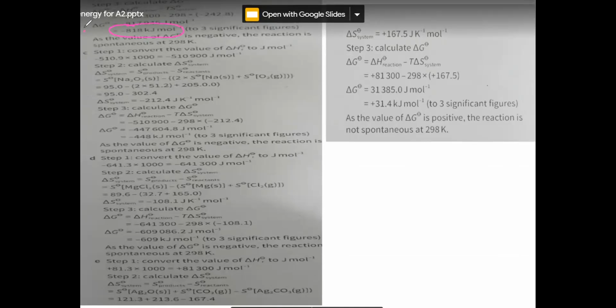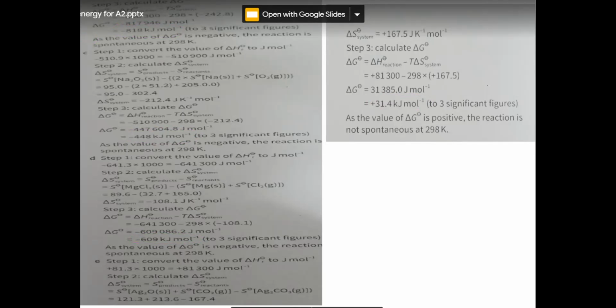This is for the B part. Then for the C part, the answer is minus 448 kilojoules per mole. The next we have for the D part, it's minus 609 kilojoules per mole. And for the E part, we're getting positive 31.4 kilojoules per mole. Kindly tally your answers. If anything is going wrong, please check the steps which are mentioned here.